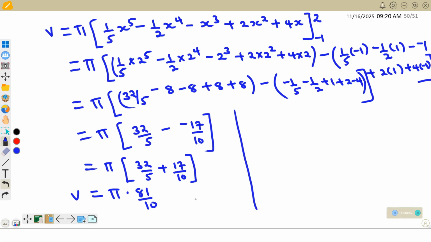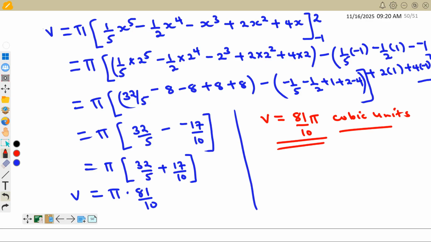So from here we can therefore say v is same as 81 over 10 pi cubic units. So that is the required value for the volume.